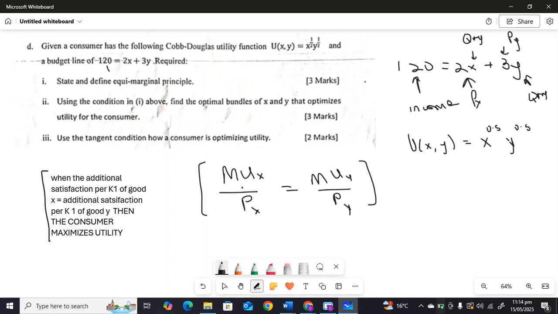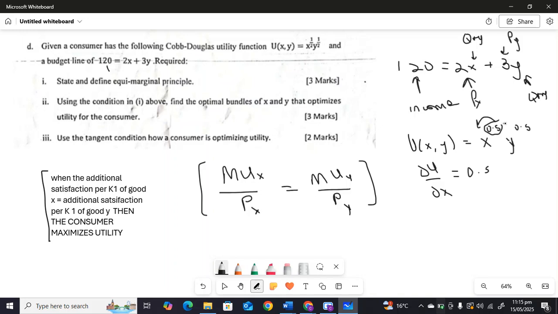So we need to get our marginal utility for good x. So it means we're going to partially derive our utility function with respect to x, meaning we're only deriving the x variable. Okay, so when we derive, we multiply the exponent by the coefficient. 0.5 times 1, that is 0.5.